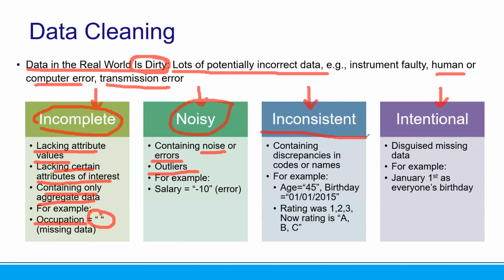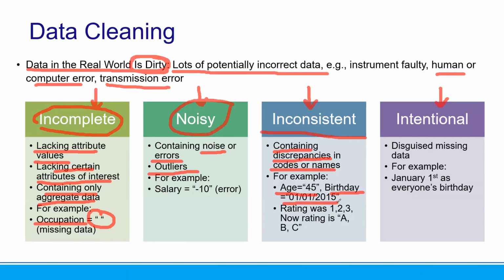Inconsistent. Contain discrepancies in codes or name. For example, age is 45. The birthday is January 1st, 2015. What is the inconsistency here? If the birthday is 2015, then until this year, the person will be 7 years old.